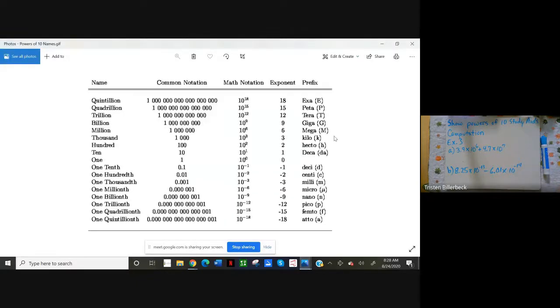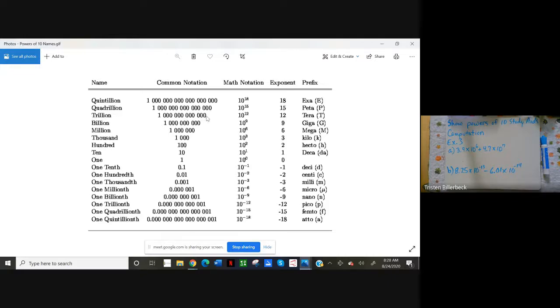All right, so this is an example of how we call the factors of 10, the names of the factors of 10. So of course we have 1, 10, 100, 1,000, 1,000,000, billion, trillion. Look at those.